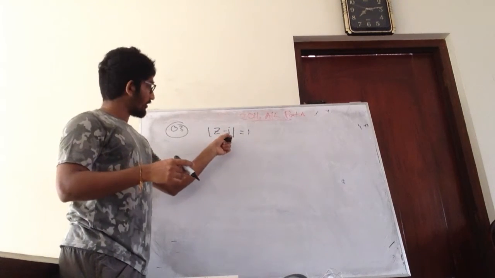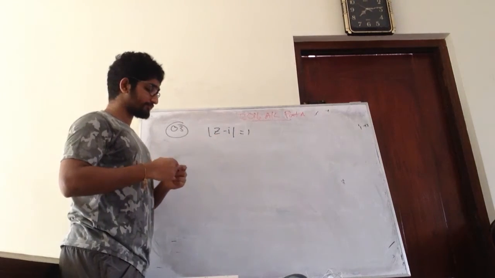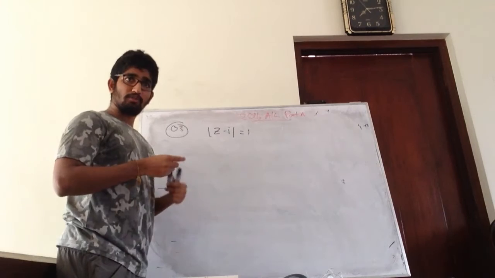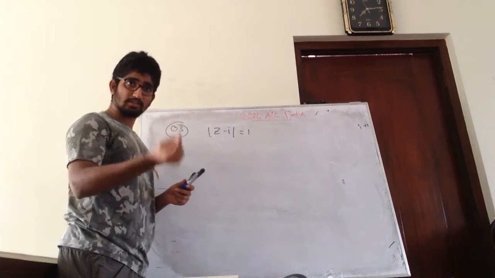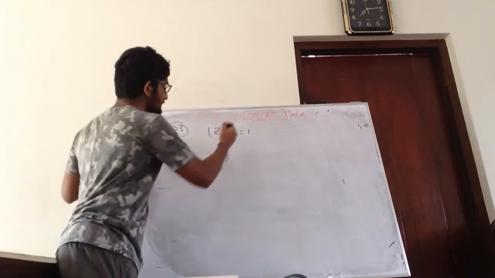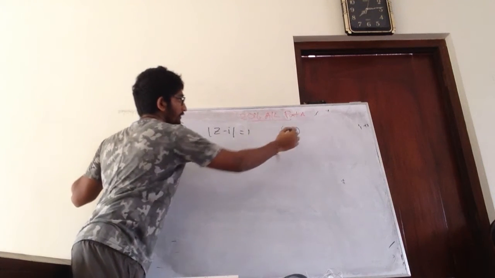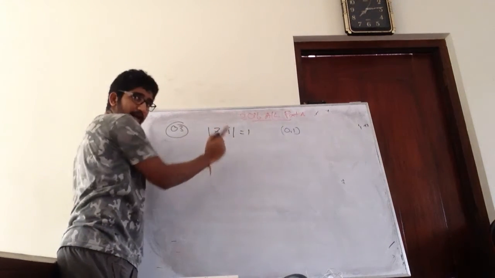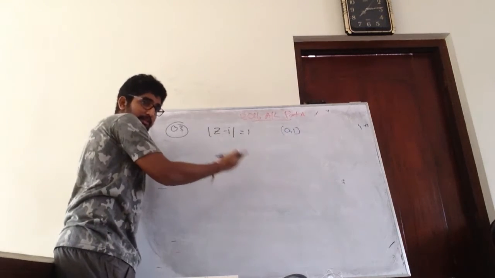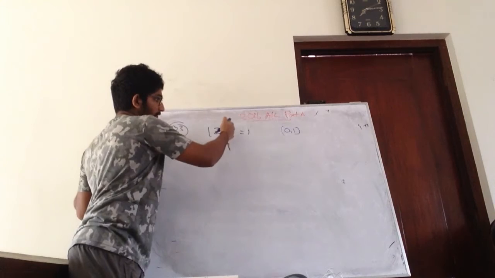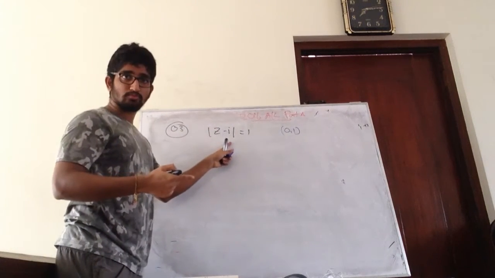So now by this expression, what can we draw? We can draw a circle, where the center is 0, 1. So now this part is the center, right?